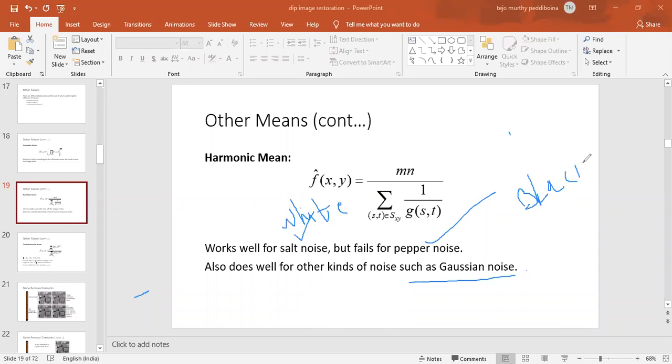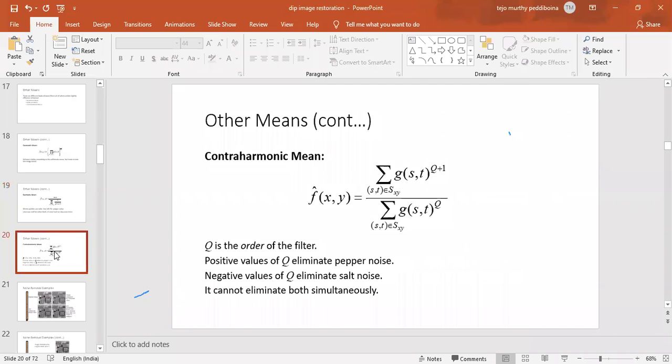Today we will see the Octave programs also, how to remove noise and all those things. Now the contra harmonic mean, so it is g(s,t) whole power q plus 1 over g(s,t) to the power of q. Q is the order of the filter.